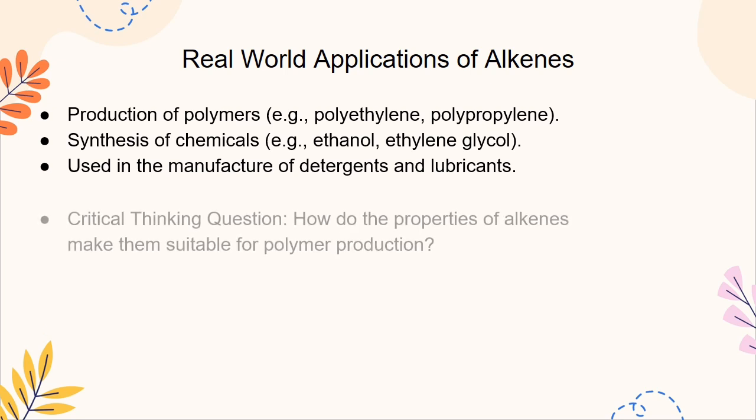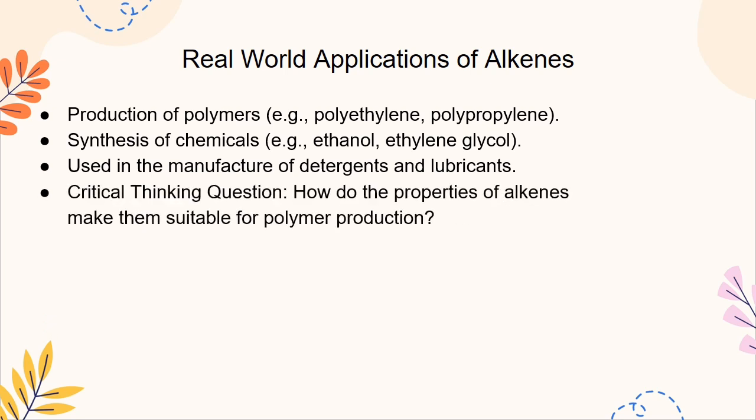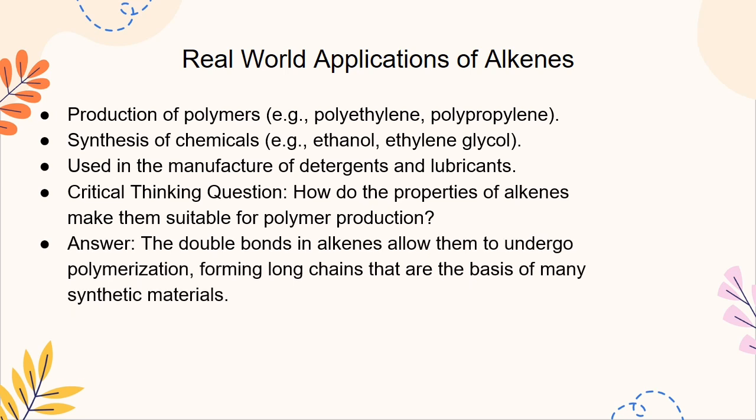Critical thinking question: how do the properties of alkenes make them suitable for polymer production? Now, basically, the double bond in alkenes allows them to undergo polymerization, forming long chains that are the basis of many synthetic materials. Okay, so that's a response for the question.